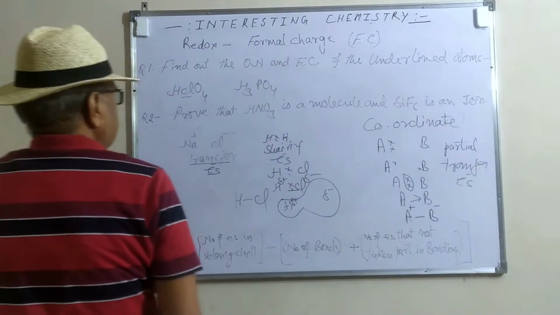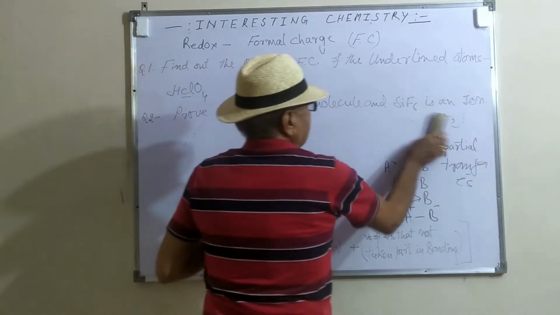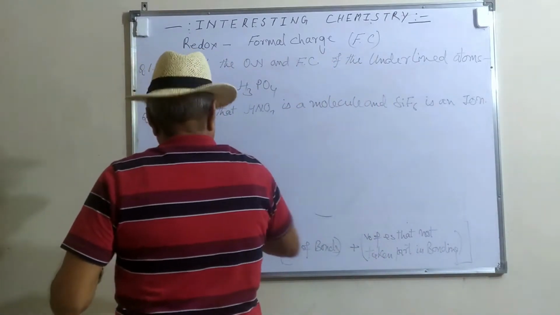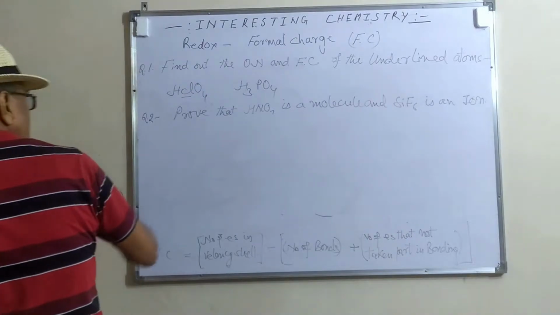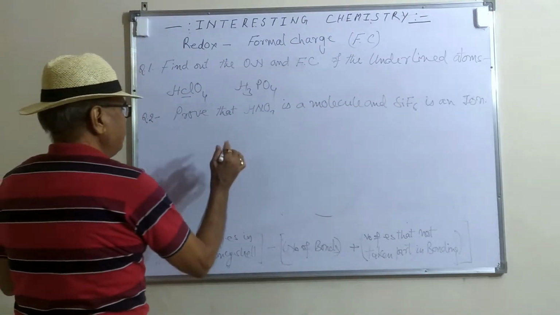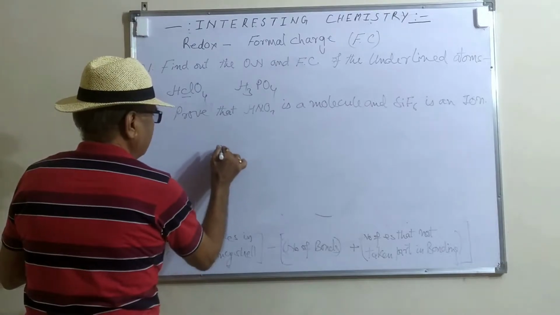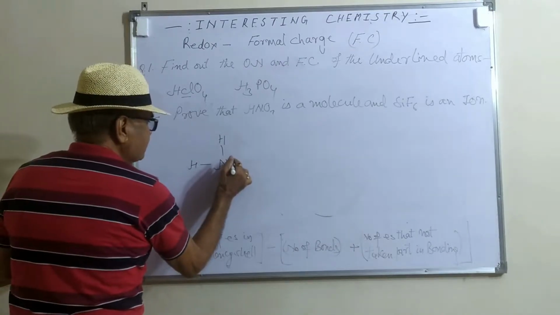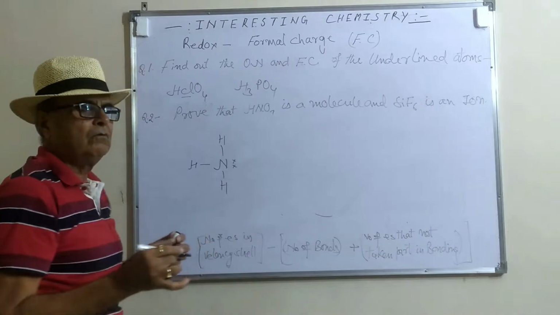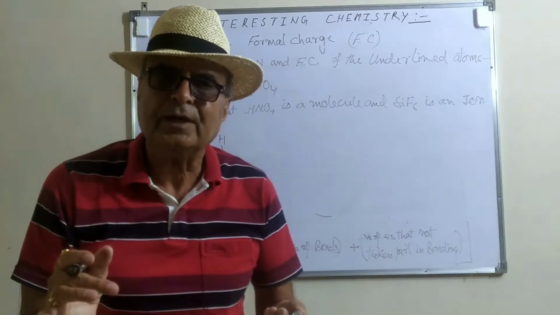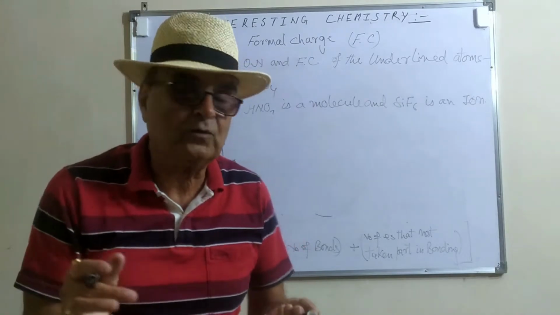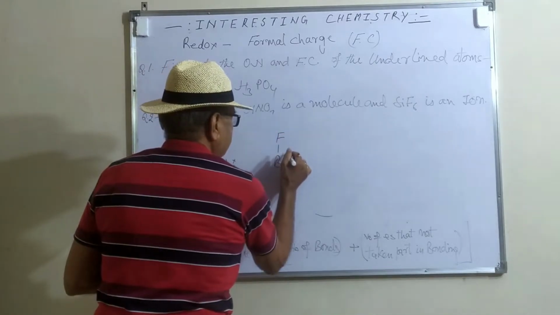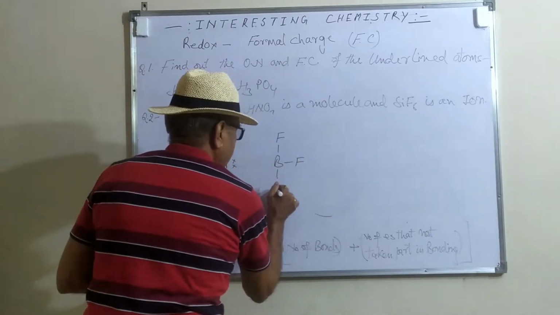Now I am giving a typical example to explain how you will explain in your exam what the formal charge is. With the bonding you can tell, but the example is this: this is ammonia, and this nitrogen has a lone pair of electrons. And here this is BF3, boron.